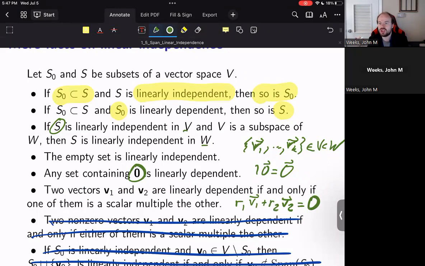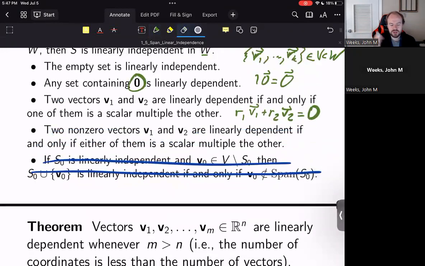You can just change the variables around in this equation like we did in the previous slide to figure that out. Then 2 non-zero vectors V1 and V2 are linearly dependent if and only if either of them is a scalar multiple of the other. The only thing that really changes is the idea of non-zero. It's just the same sort of idea here.